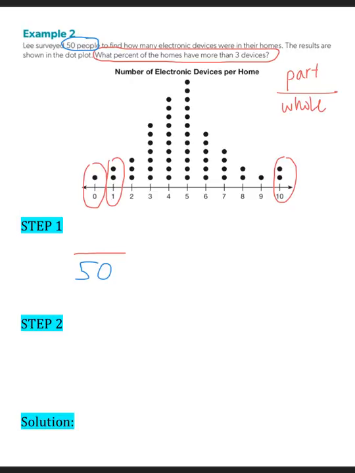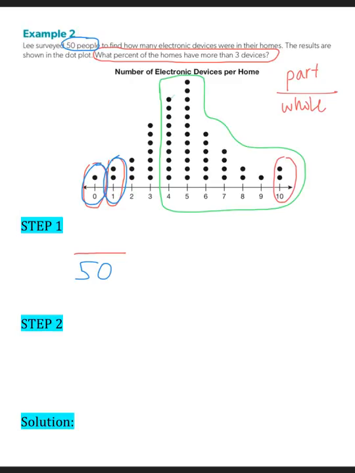And then from there, we want to know how many people have more than 3 devices. So these are the people with 0 devices. These are the people with 1 device. Again, we're looking to find out how many homes or what percent of the homes have more than 3. So we're going to look at all the homes that have 4 devices and up. And we're going to count all of those homes.